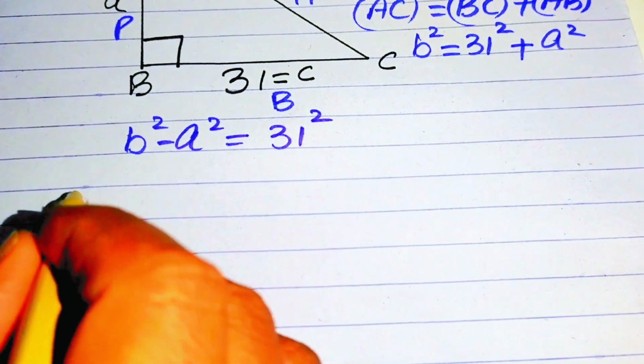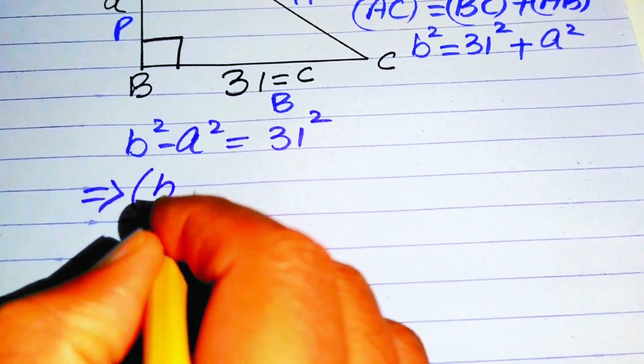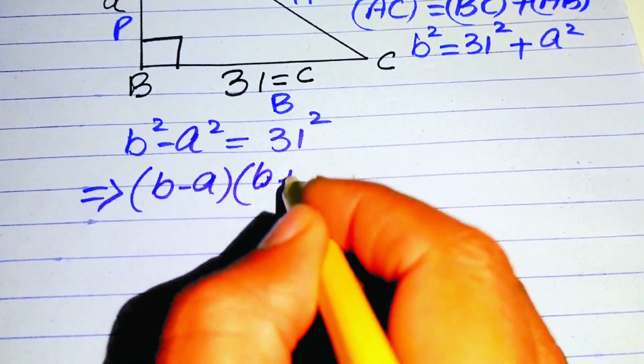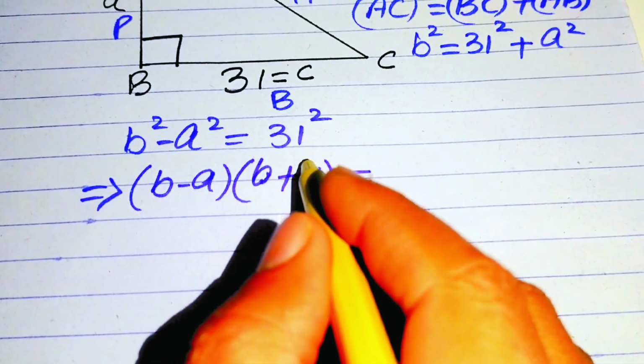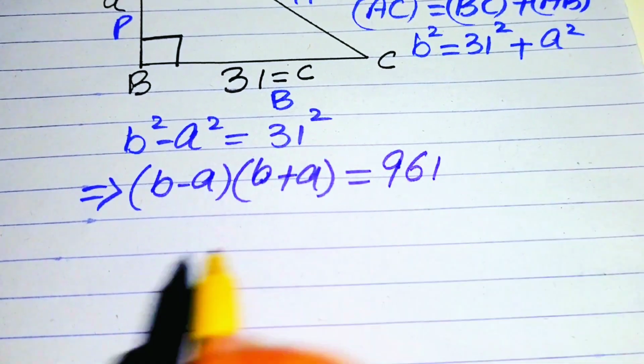Here we use the nice square identity, b square minus a square equals b minus a times b plus a, and we write 31 square as 961.